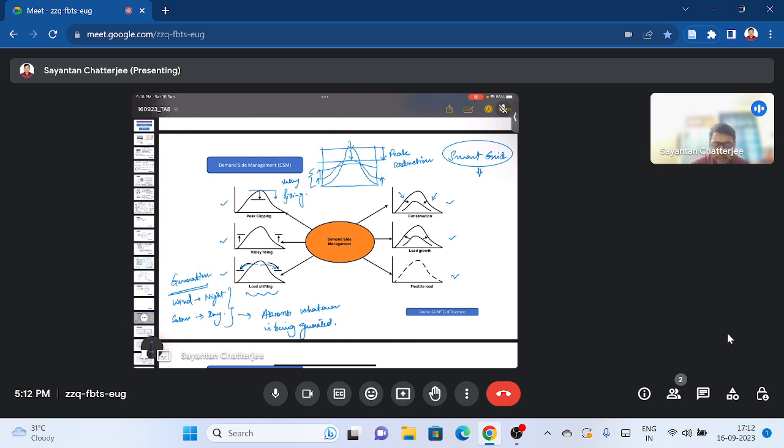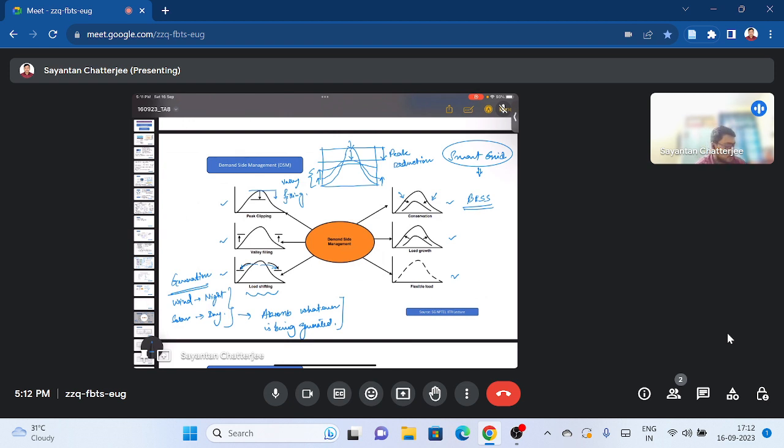For that, the customers need to be incentivized, and to make them incentivized, these control strategies and architectures are getting priority day by day. What we can observe is that the excess generation can be absorbed in the battery energy storage system so that it can be used in the later half of the day.